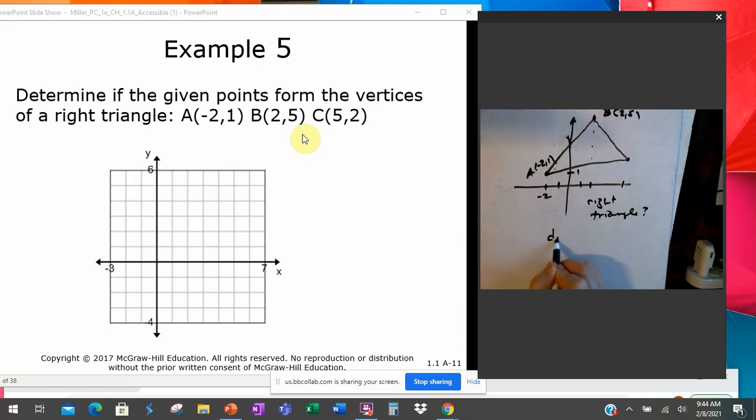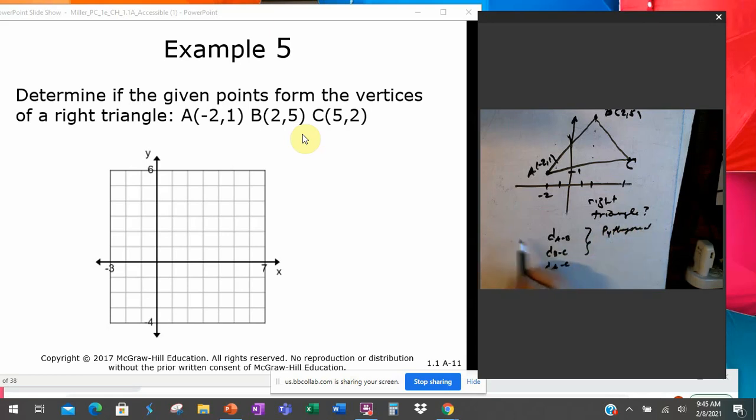I would do the calculation between these two, A and B. Here's my C. I would do the distance formula between A and B, B and C, and then the distance between A and C. And I would pick out the two shortest distances, and then I would check the Pythagorean theorem.